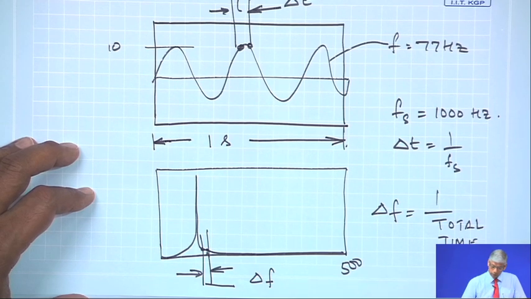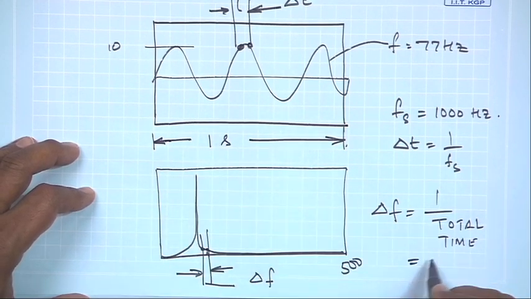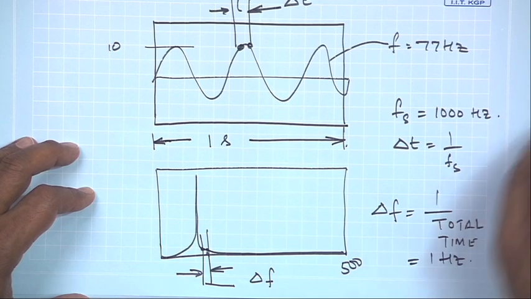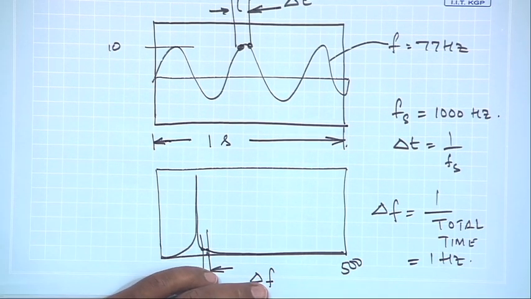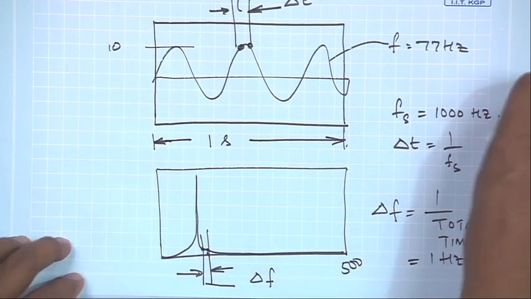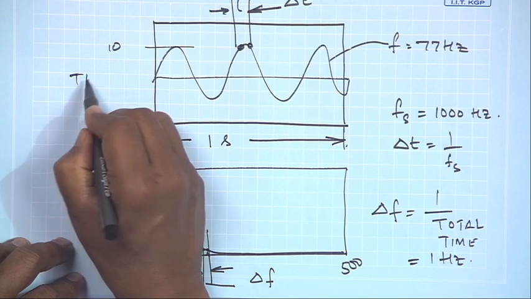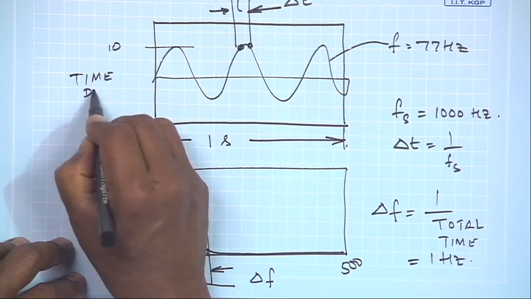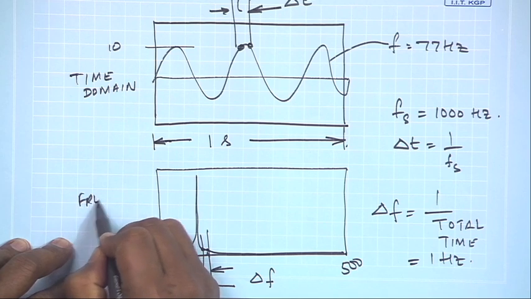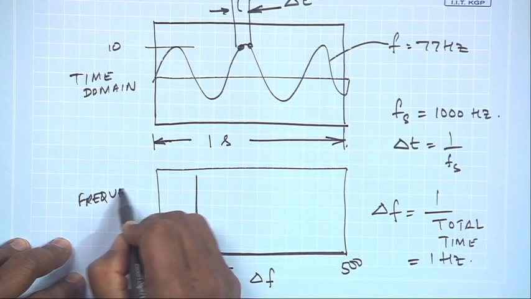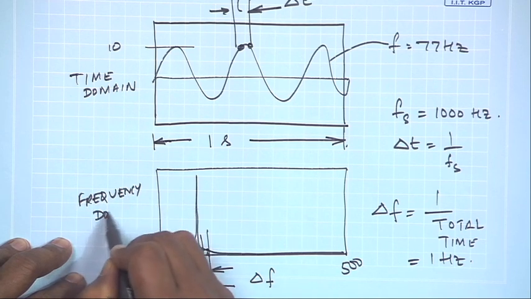In this case, because this is 1 second, our delta f is 1 hertz. Since the signal was at 77 hertz, I see a peak of 10 at 77 hertz. This is in time domain, and this is in frequency domain.